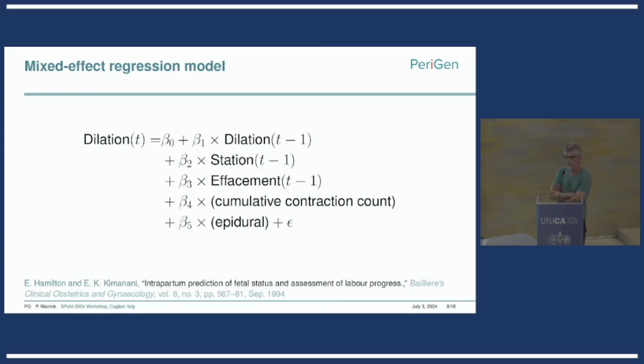The rupture of membranes was actually used in the original model, but for comparison purposes, we used the set of predictors that our new model used for an apples to apples comparison. So you see that we're predicting the dilation at the current instant in time based on the history of those three observations and the count of the contraction and the categorical variable, the epidural.